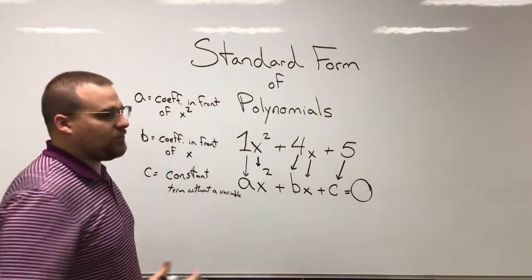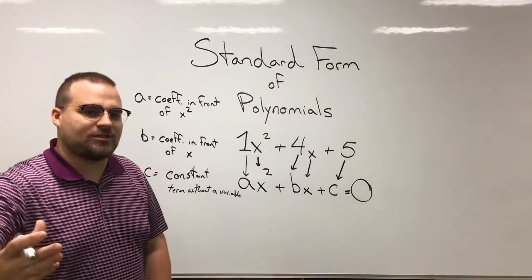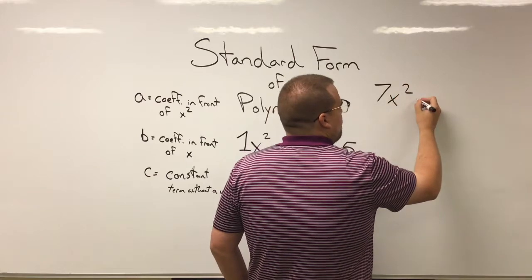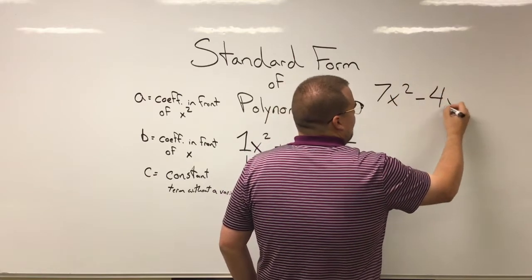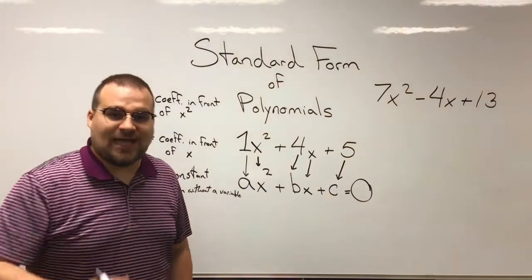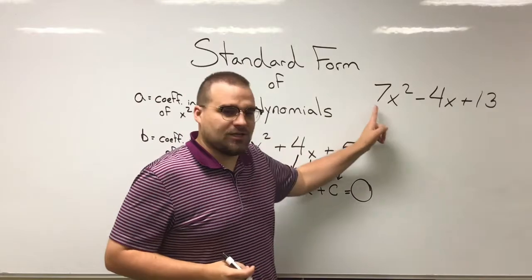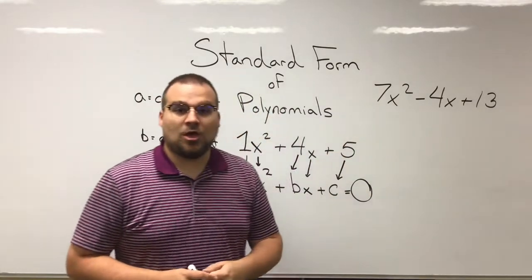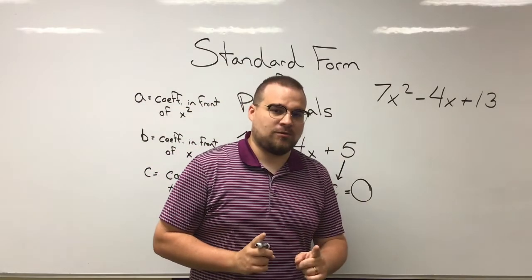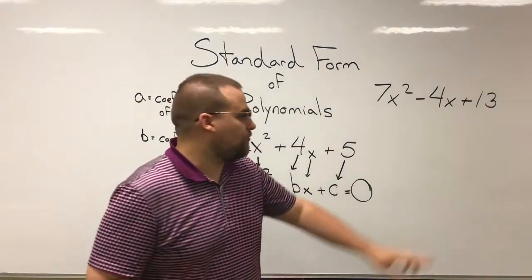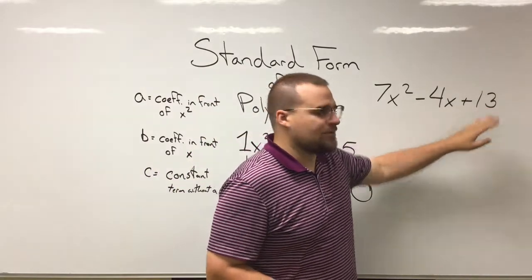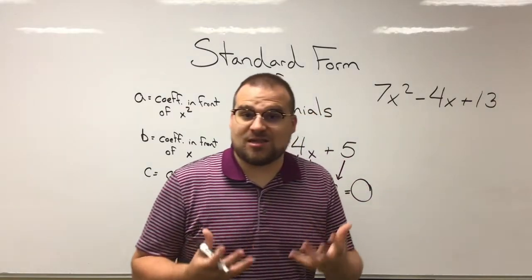I'm just going to write a polynomial and I'm going to ask what is A, what is B, what is C. So if I said 7x squared minus 4x plus 13, what is A? 7. It's the number in front of the x squared, the coefficient. What is B? Are you thinking 4 or are you thinking negative 4? Because B is negative 4. We always got to include that sign. And what is C? Well, it's 13.